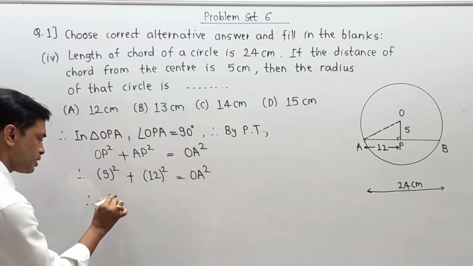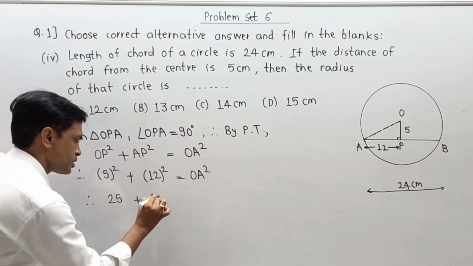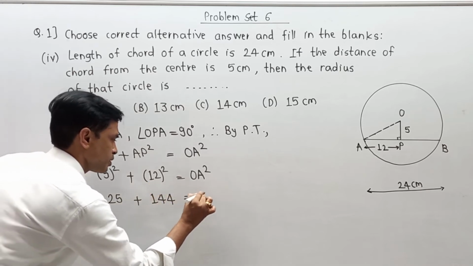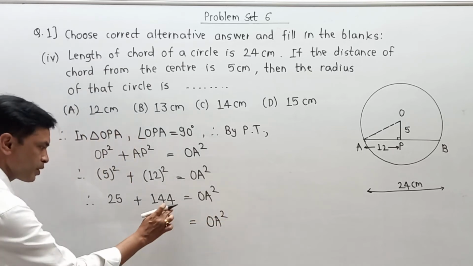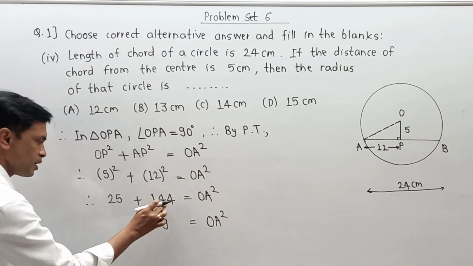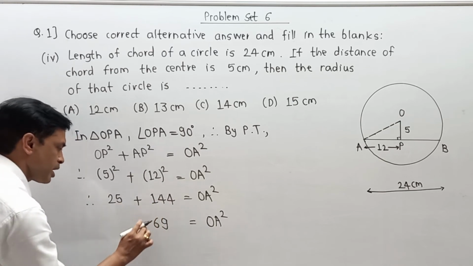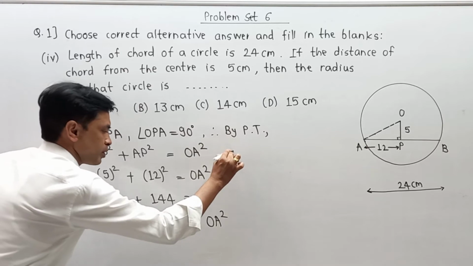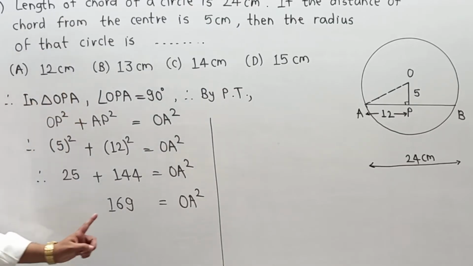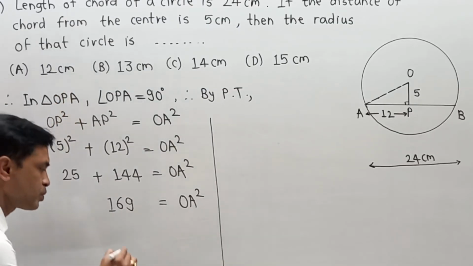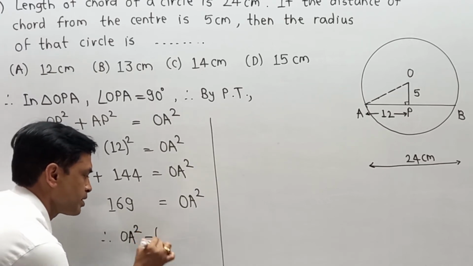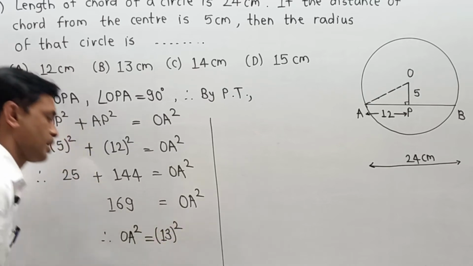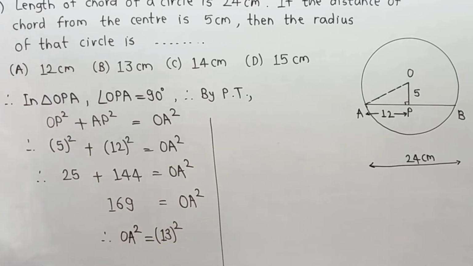Here 5 square is 25, 12 square is 144. Therefore, OA square is 169, which is 13 square. As OA square is equal to 13 square, we can say that radius OA is 13.